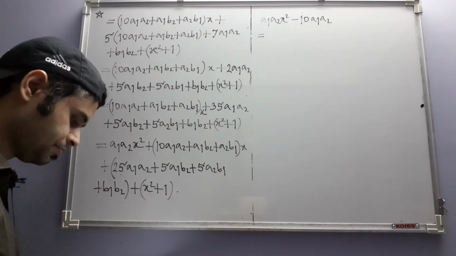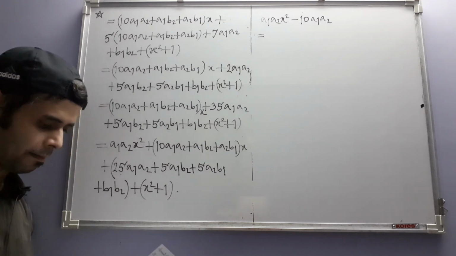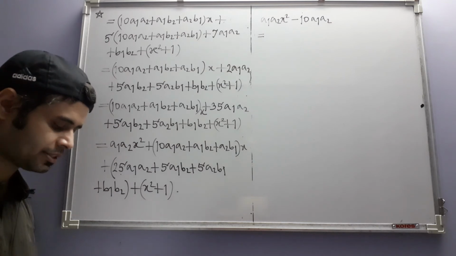35 a1 a2 plus 5 a1 b2. Let me just see, okay.